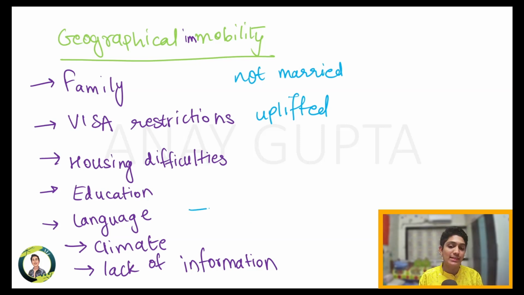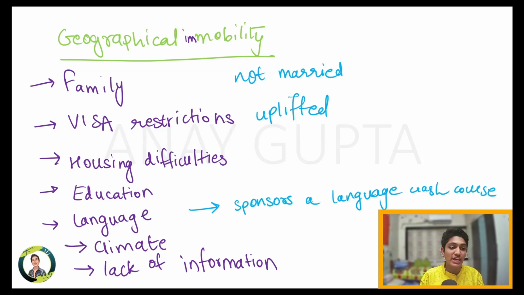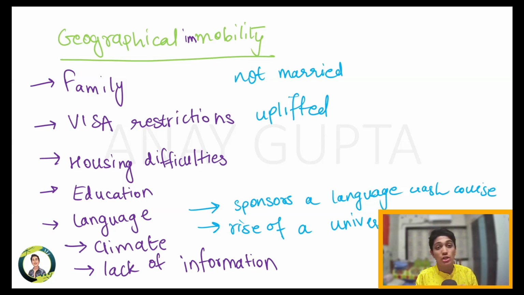Language, let's say that there is an opportunity, or the company sponsors a course, or a language crash course, or we could say that there is a rise of a universal language. So that means that more and more people are speaking English. So even if I'm going to Spain, I am not required to learn Spanish because people at my job speak English.